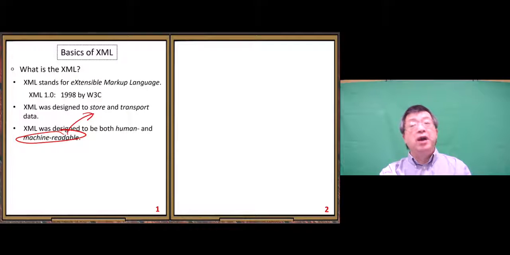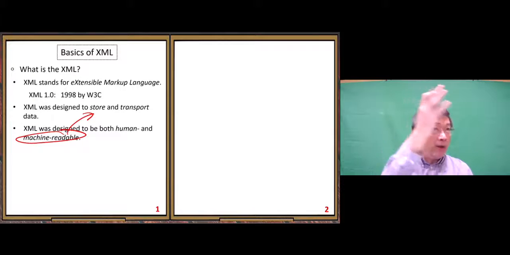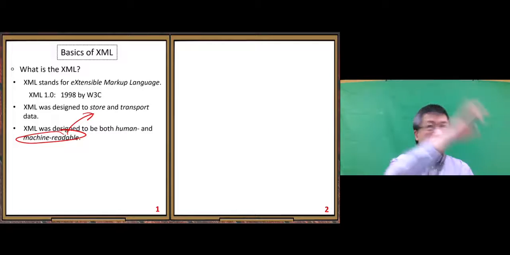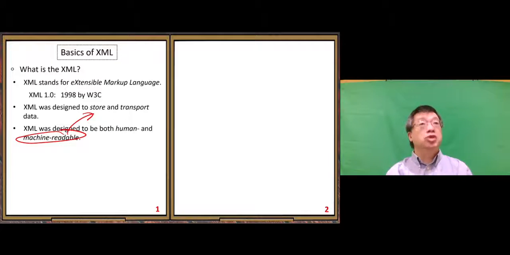Programmers understand how to process, so they write the programs to process the data, and the machine just runs the programs to process it. That's what machine readable means.